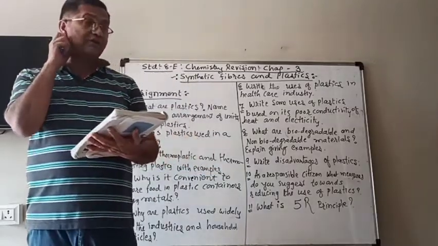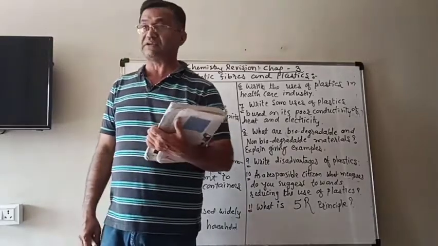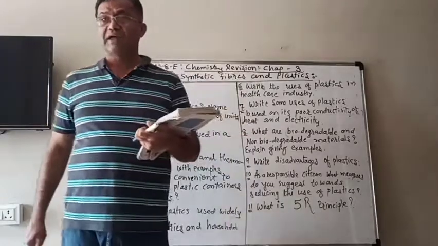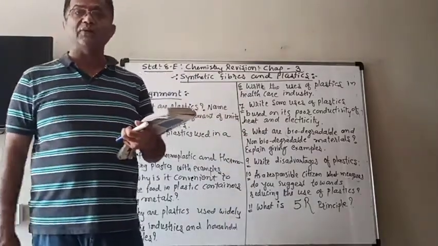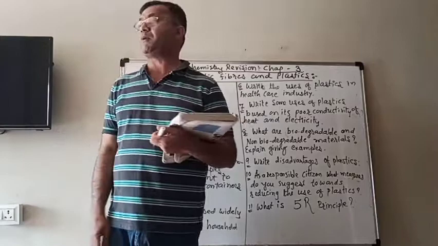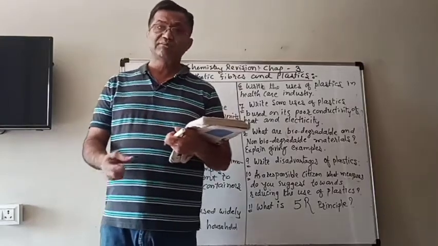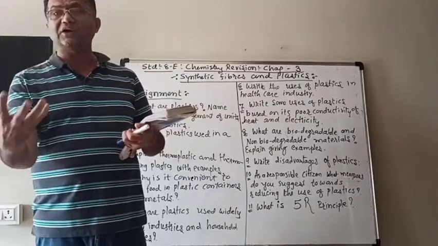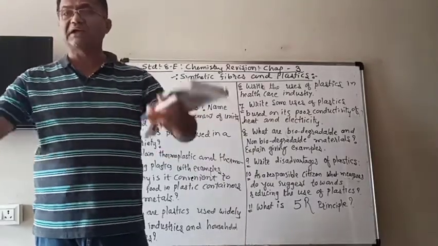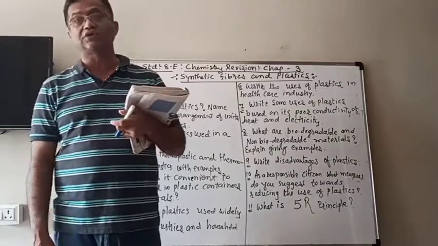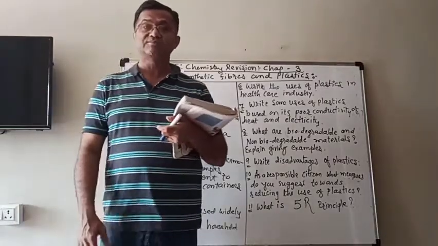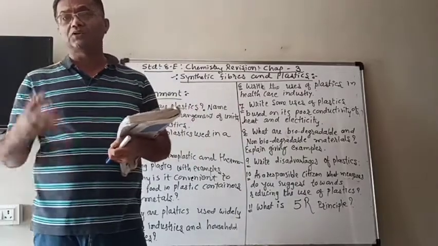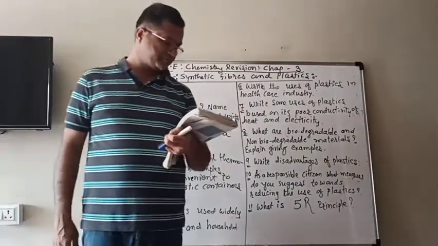You know that our cooking utensils are generally made of metals, which are good conductors of heat, but the handles are made either from ebonite or other types of plastics, bakelite, because they are poor conductors of heat. So it doesn't matter if the pot is very hot, the handles will not be that hot. They are poor conductors of heat, and therefore we can easily take them from the stove when they are hot.